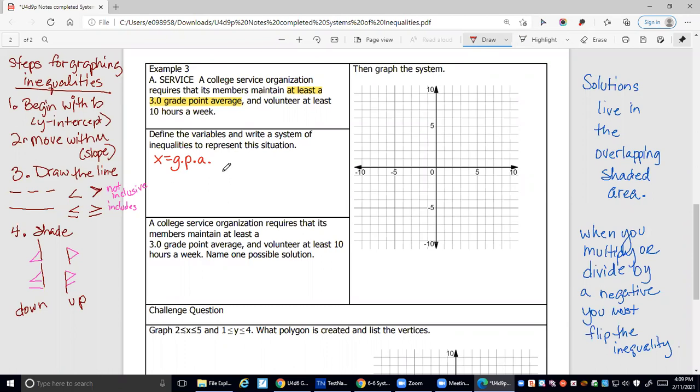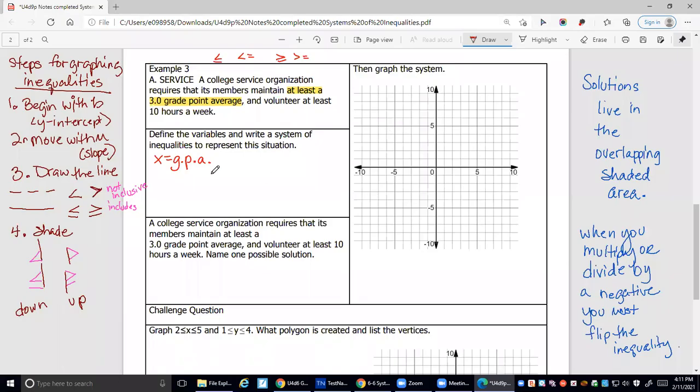In your chat, type in what is the inequality that represents this little yellow phrase. Now keep in mind, if you wanted to type in less than or equal to, that would look like this. If you want to type in greater than or equal to, that would look like this, okay? And I'm looking for three things: a variable, an inequality, and a number.